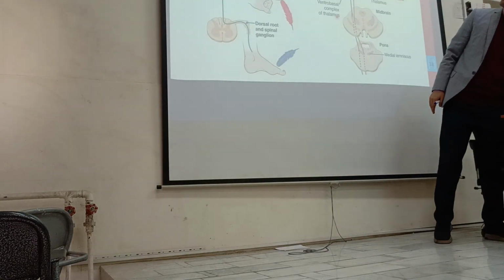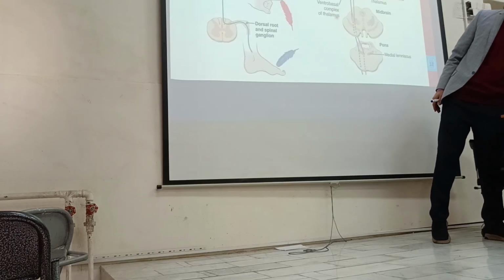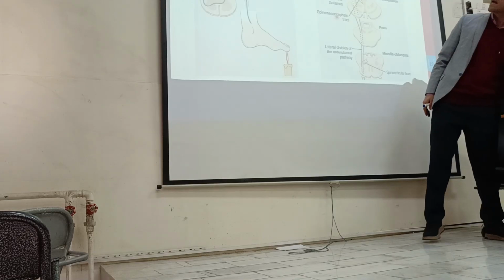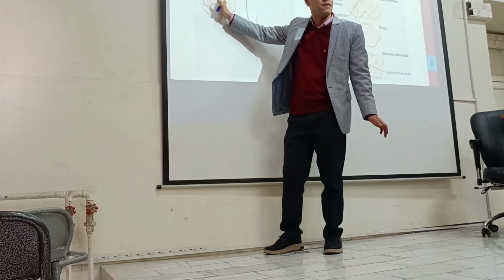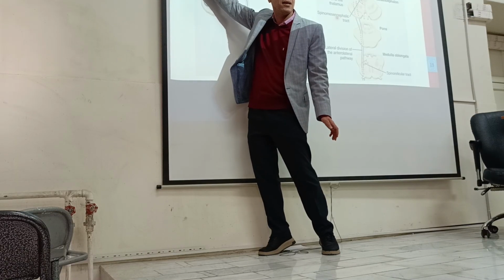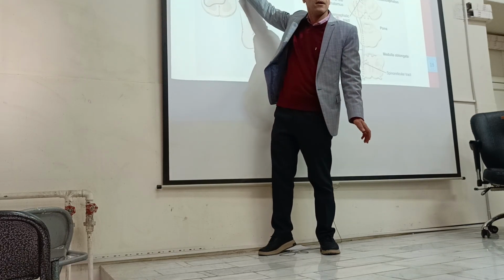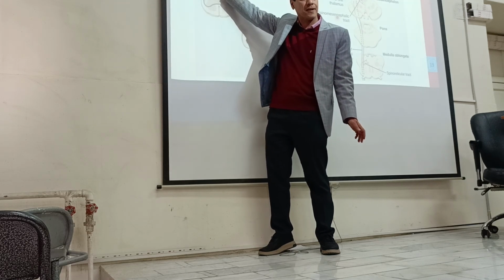What about the anterolateral system? You can see that fibers from the lower part of the body are located laterally, but fibers from the upper part of the body are located medially, right?